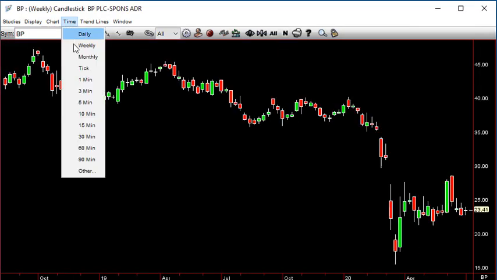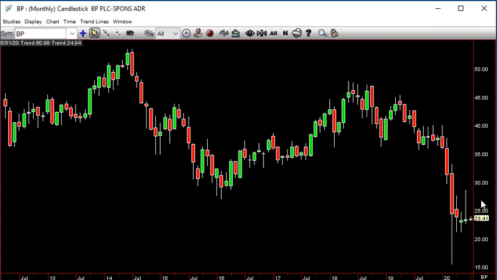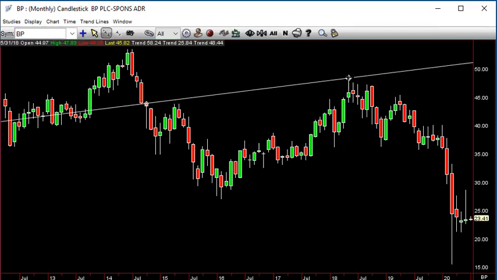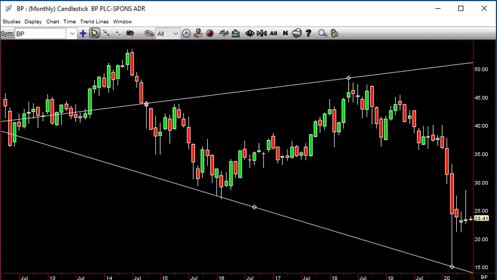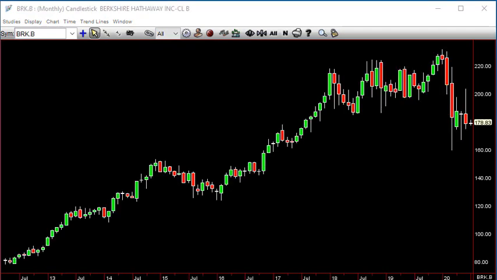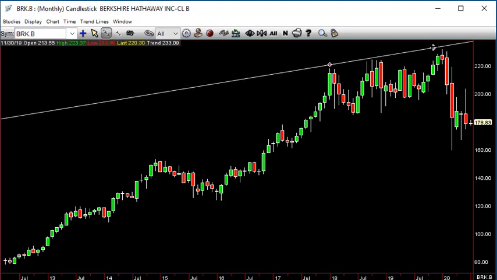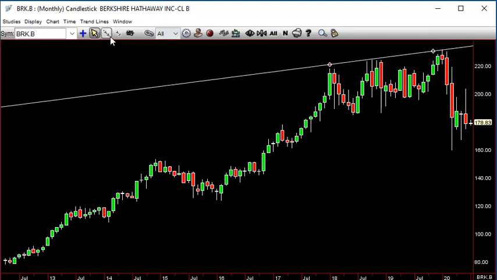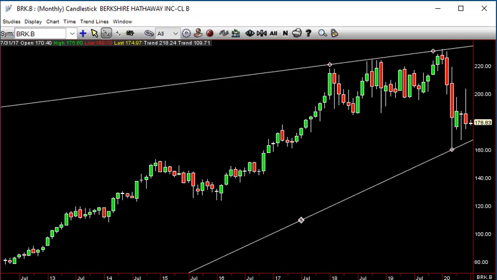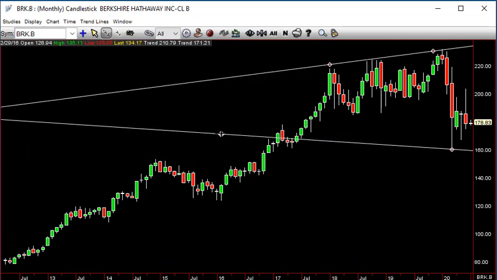BP. Stuck 3 months inside of there. Berkey B, like so. 3 months inside quarter stuck inside of that.